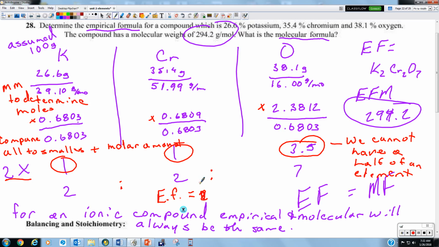K2Cr2O7. Now, the second part of the problem said the compound has a molecular weight of 294.2 grams per mole. To determine the molecular formula, we compare.